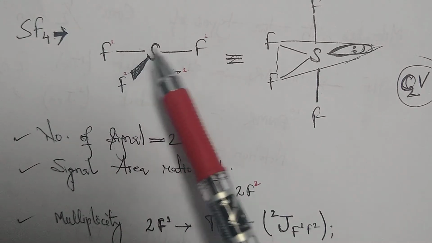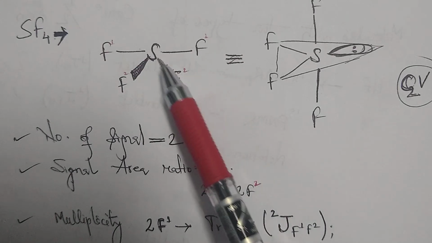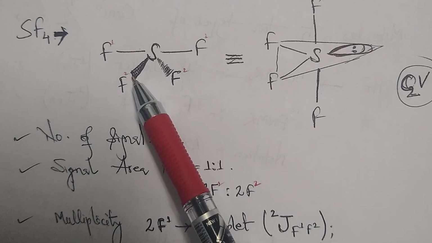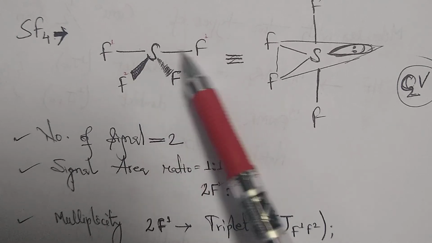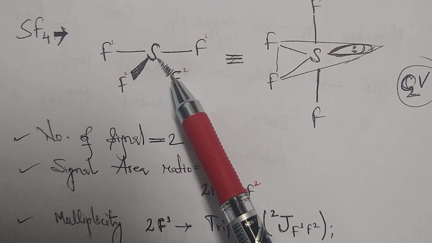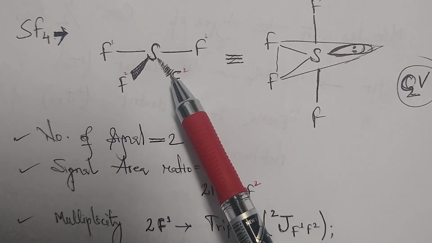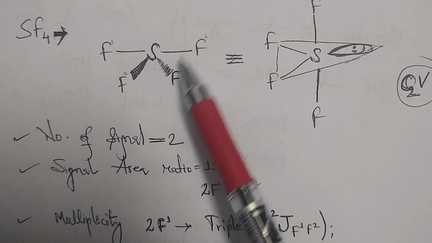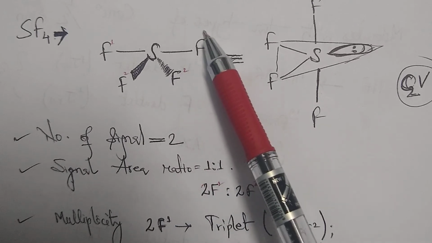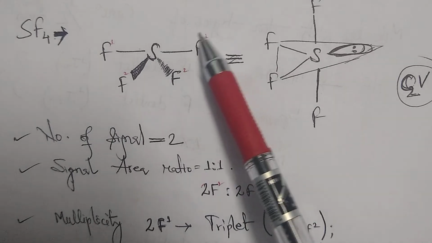So this fluorine will couple with these 2 fluorine. So we will get a triplet multiplicity signal, that is with 2 bond coupling we will get a triplet multiplicity signal for this one type of fluorine, the first type of fluorine.